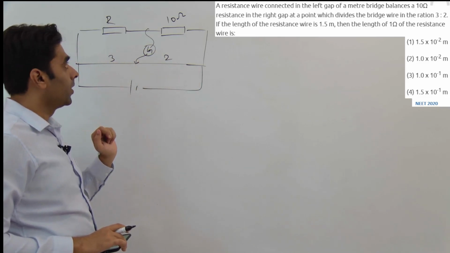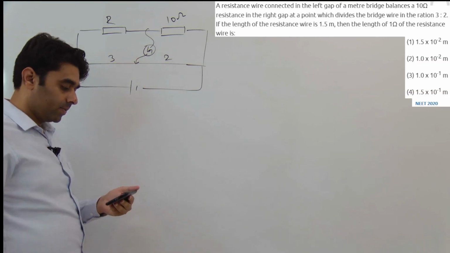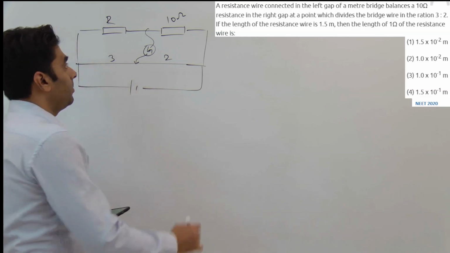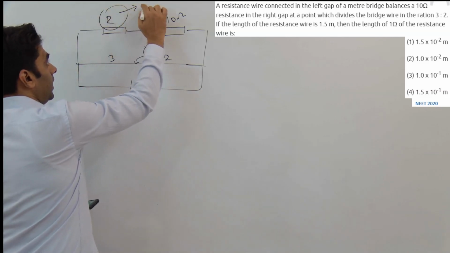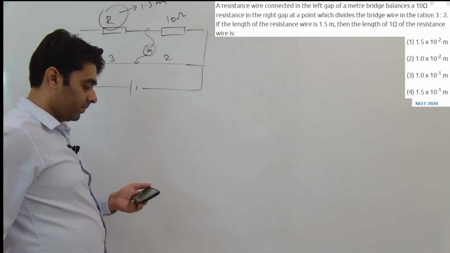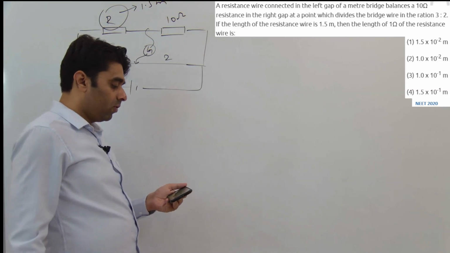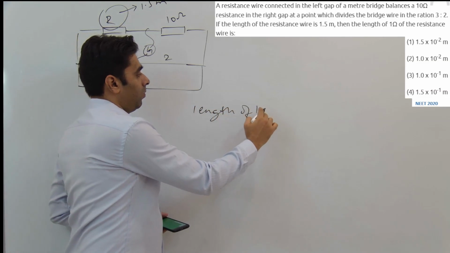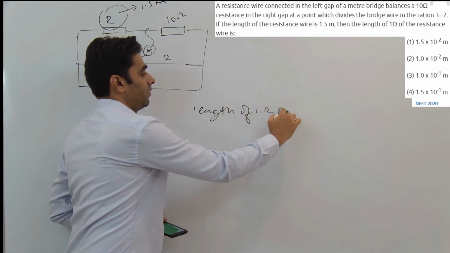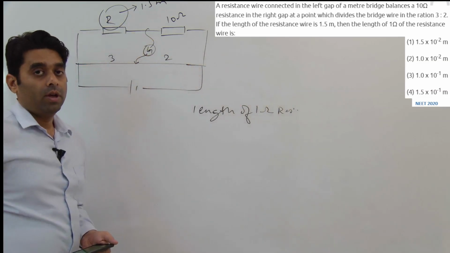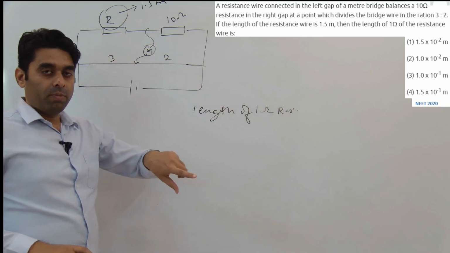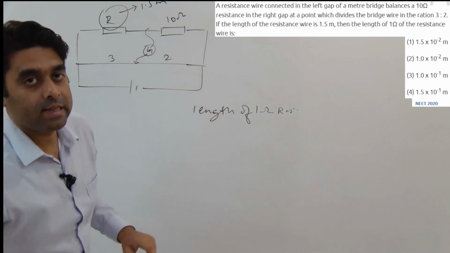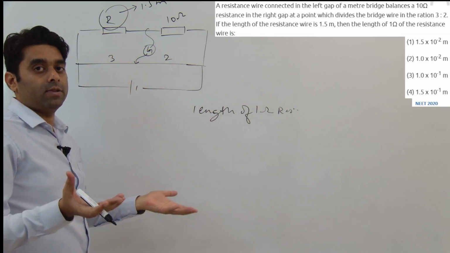Beta, they are asking, if the length of the resistance wire is 1.5 meter, then what will be the length of 1 ohm of resistance? So first of all, let us calculate the resistance of this wire.